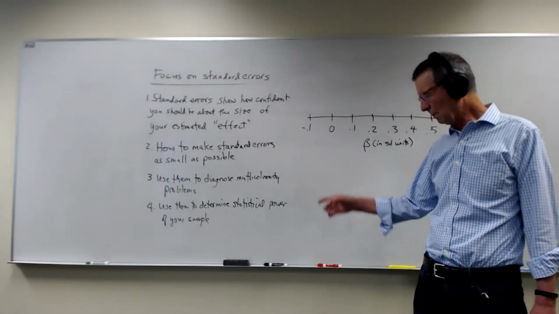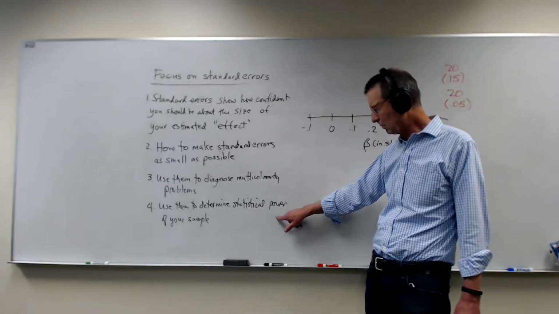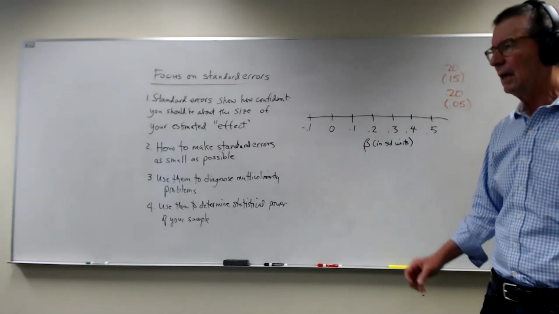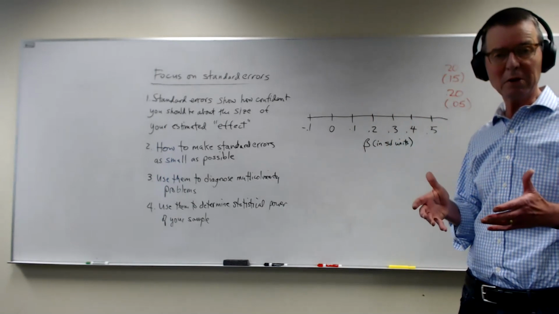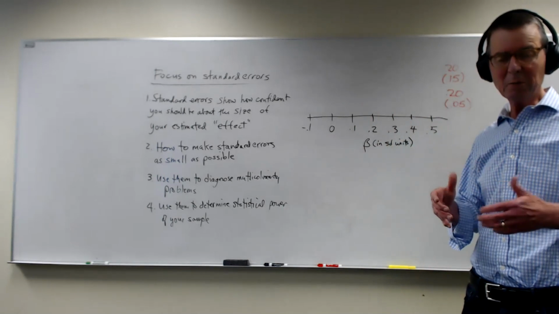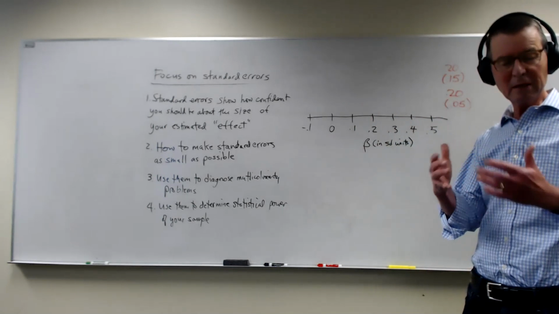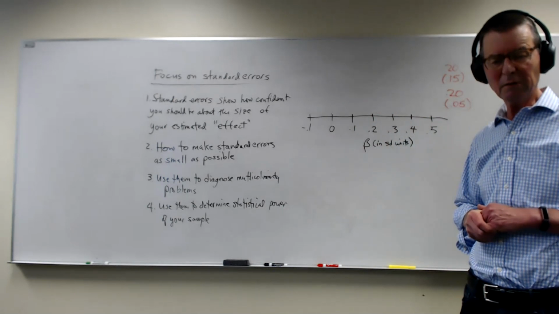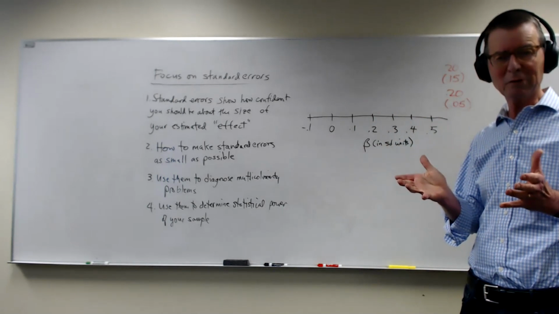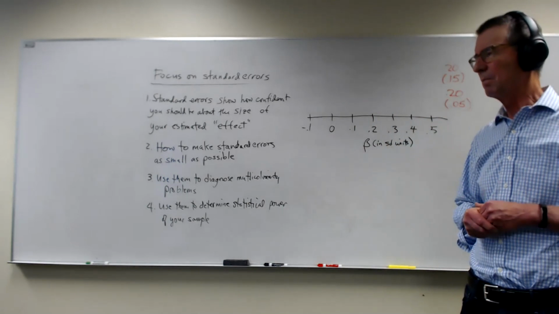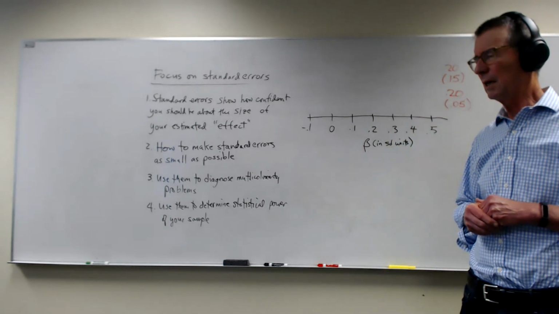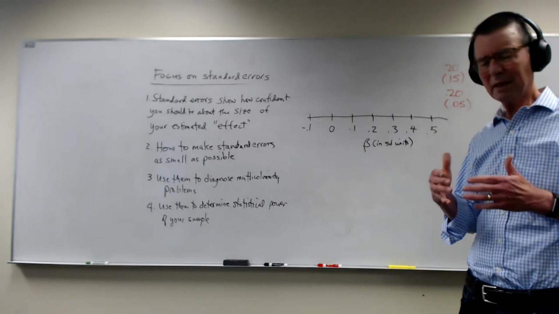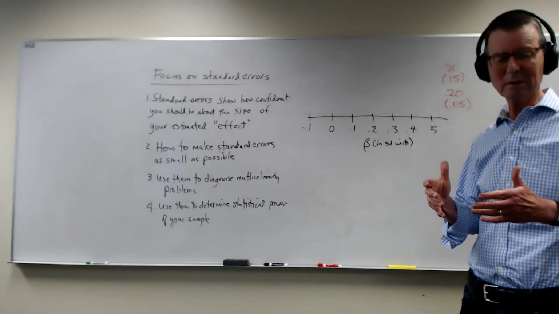And then finally, and this is something we'll talk about in the very last week of class, you can use standard errors to help understand the amount of statistical power that you have. What is your ability with your sample to estimate an effect size of some value X, right? Oftentimes you'll want to be confident, but obviously you want to be able to detect an effect size as small as possible.